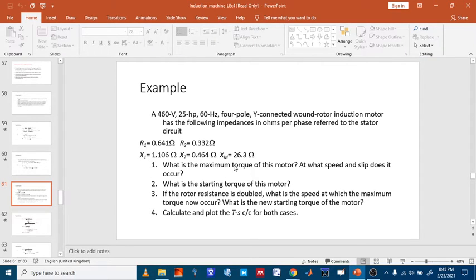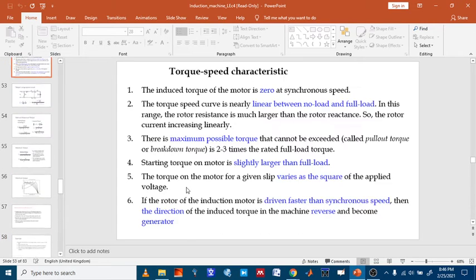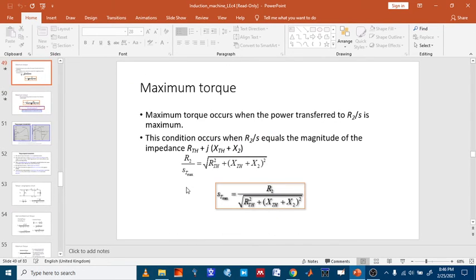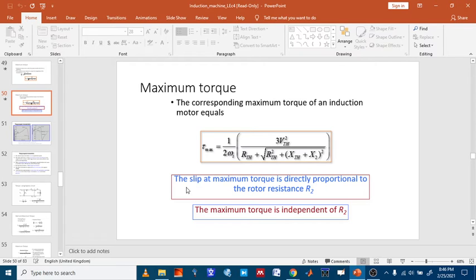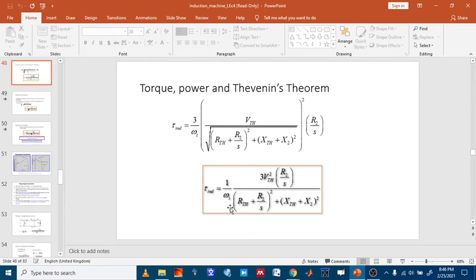Use Thevenin's equivalent circuit to calculate the maximum torque, and at what speed and slip it occurs. This is the formula for maximum torque, in terms of the torque induced.